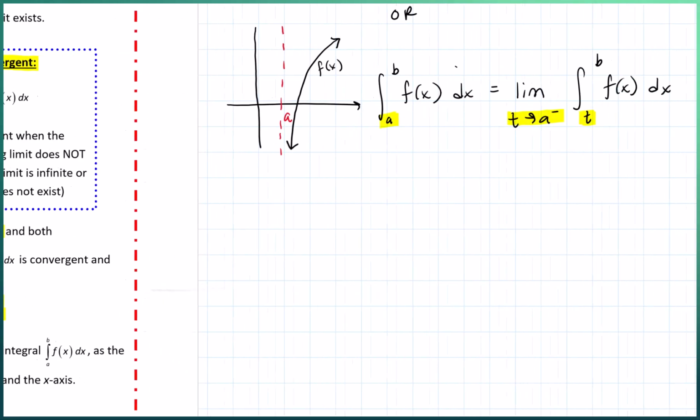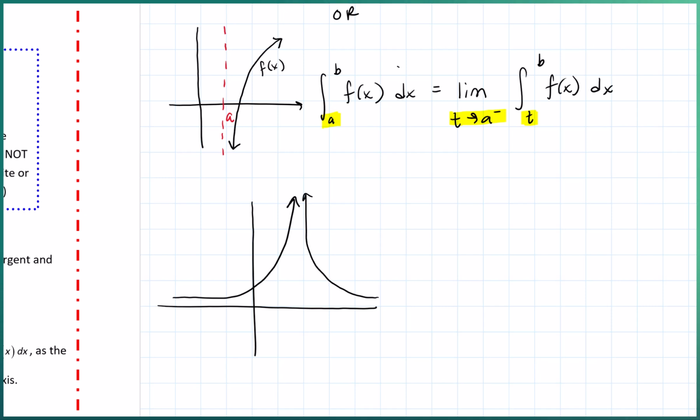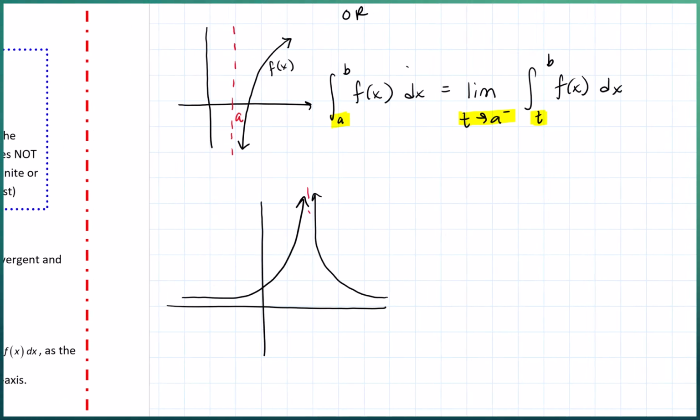So that would look something like if we happen to have, let's say, an infinite discontinuity right here, and we wanted to integrate from a to b, but right here we had that infinite discontinuity.